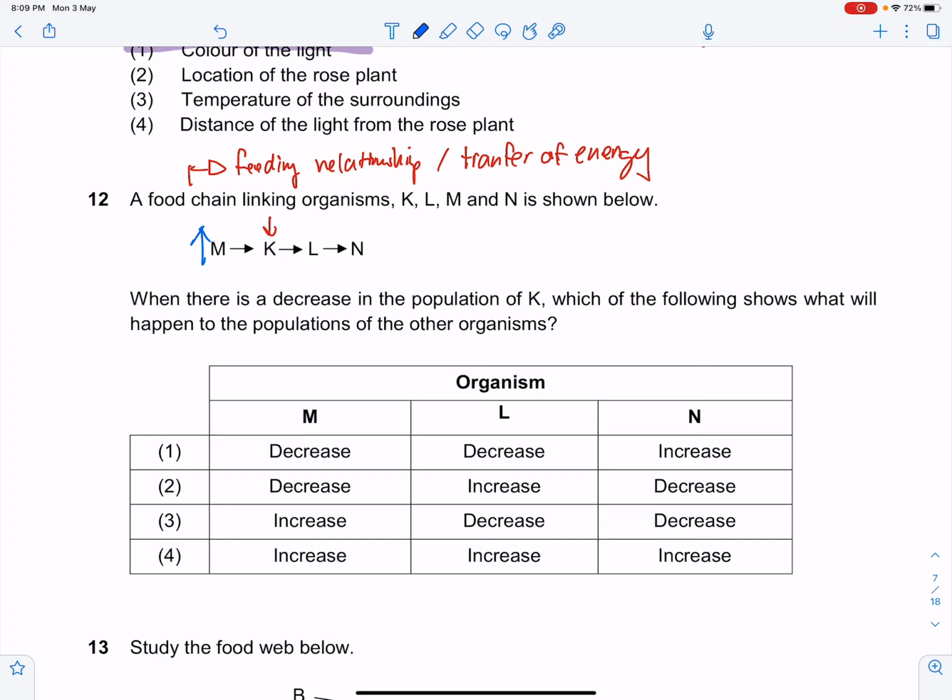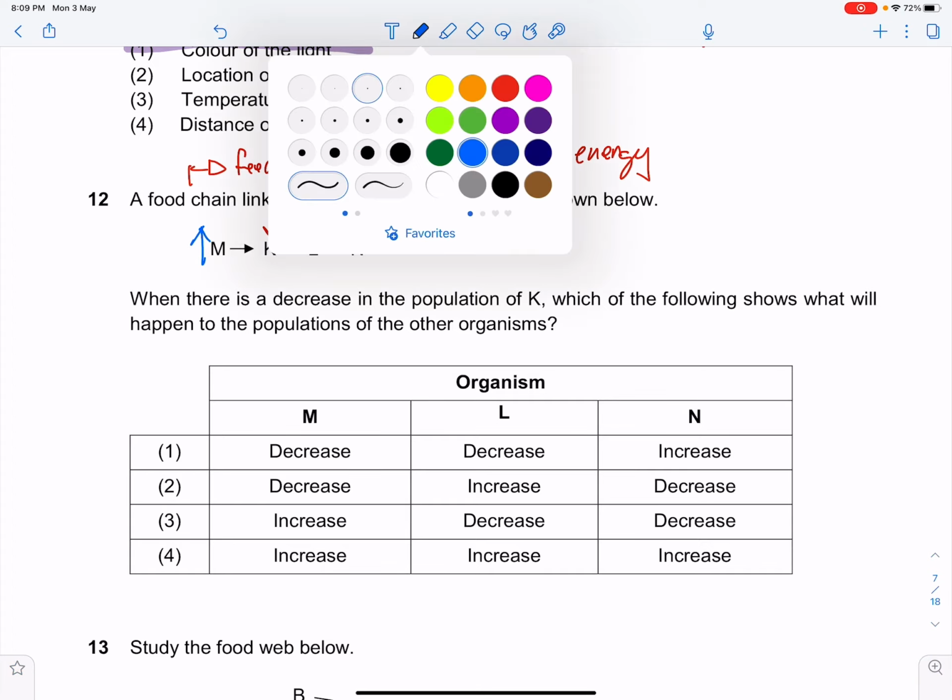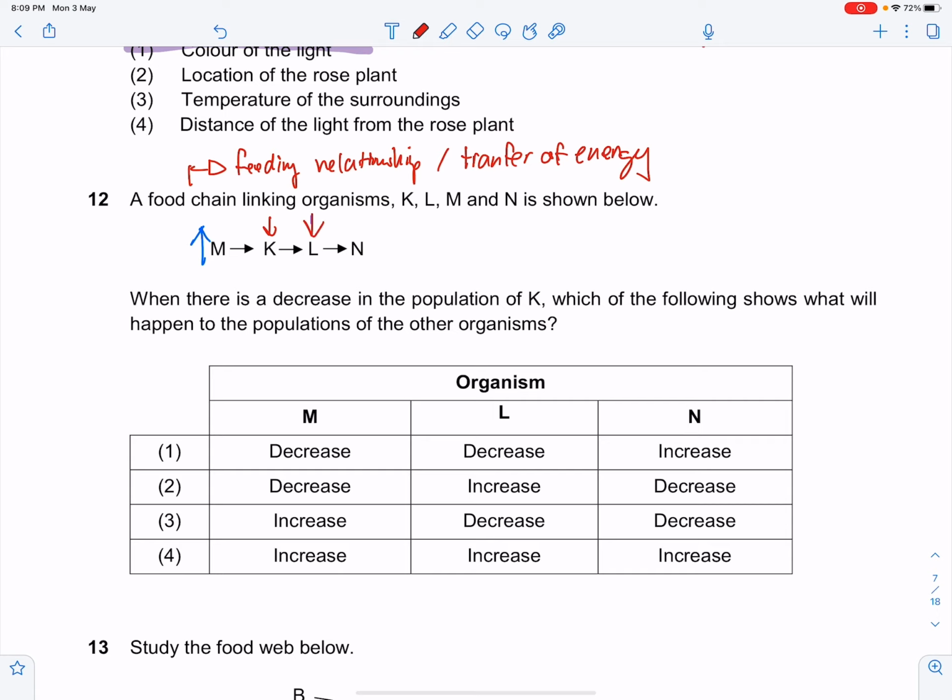L, however, will have less of K to eat, so L would decrease as well. Now if L decreases, think about it.